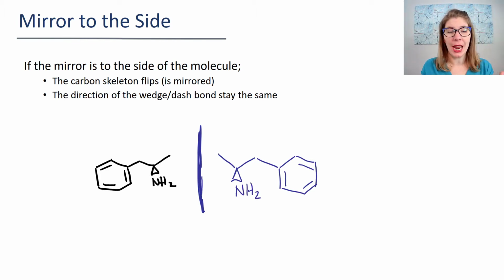What's going to change is that the carbon skeleton is going to flip: the phenyl, the benzene ring on the left, is now going to be on the right. So these are the two easiest places to visualize a mirror. It's not easy. It's going to take a lot of practice, but usually you need to pick one, start with it, and start practicing drawing enantiomers, choosing the mirror to be either behind your compound or to the side of your compound.